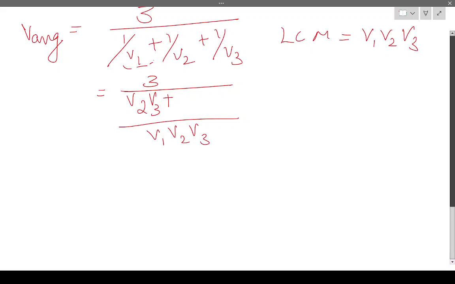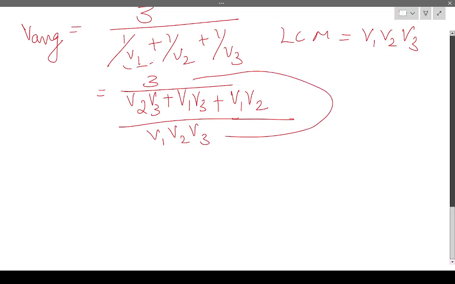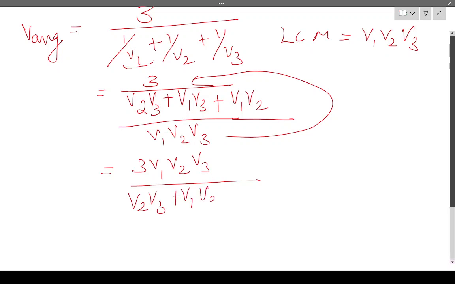It is V1 V3, then multiply with 1, it is V1 V3. And plus V1 V2 V3 divided by V3, you will get V1 V2, multiplied with 1, V1 V2. This whole goes here and this will come as 3 V1 V2 V3 by V2 V3 plus V1 V3 plus V1 V2. So this is the V average.